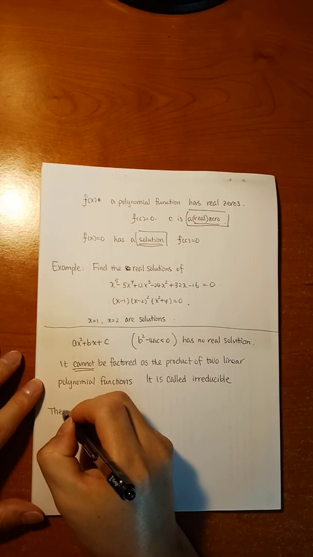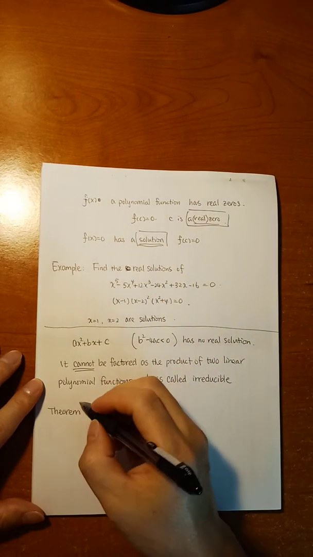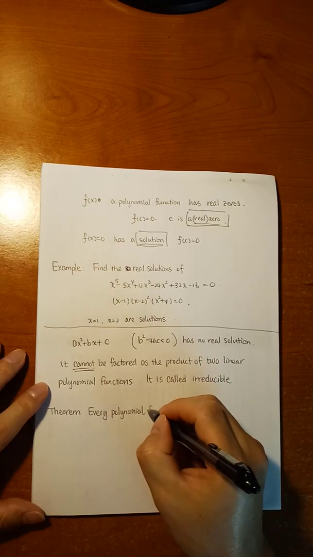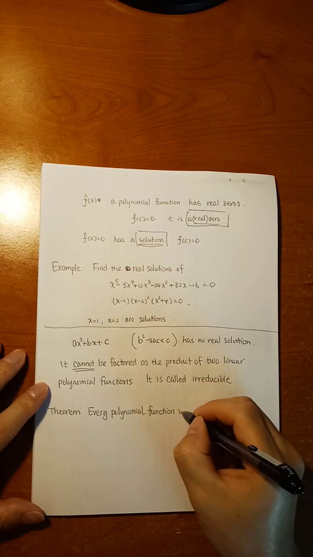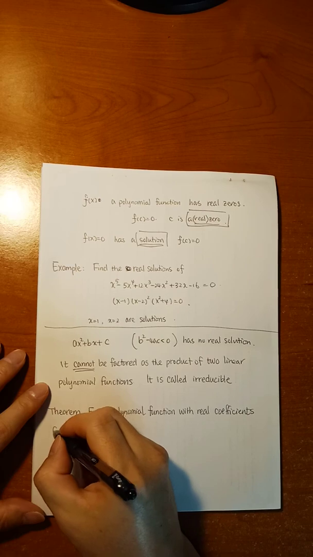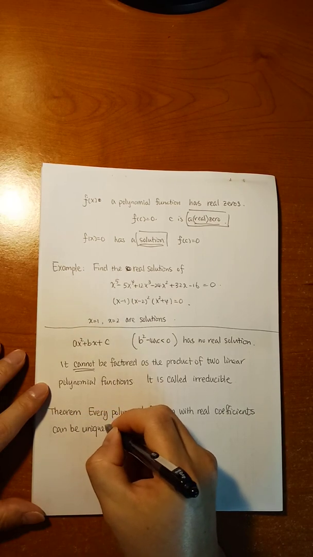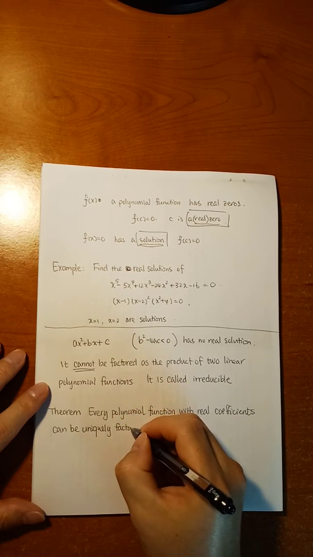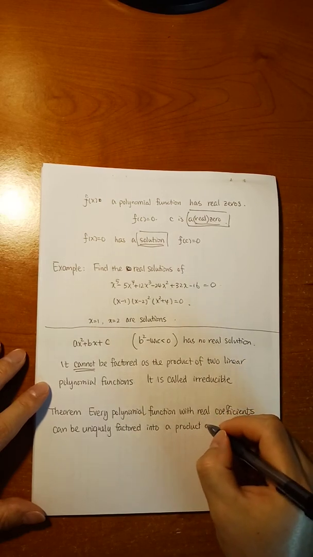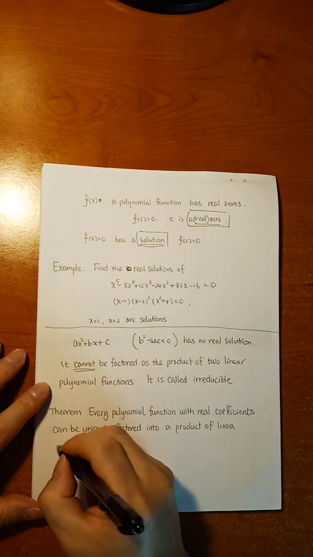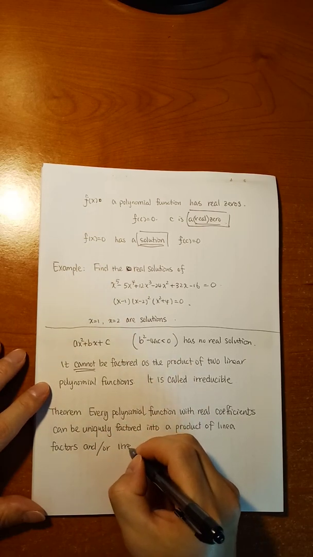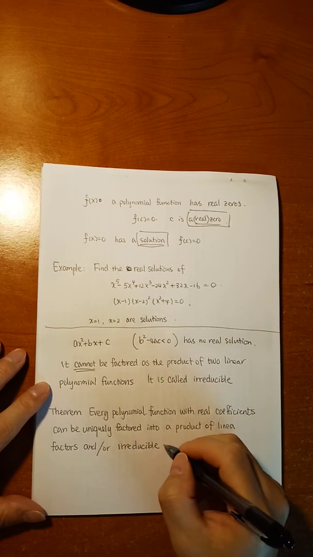And then we have a theorem. The theorem says every polynomial function with real coefficients can be uniquely factored into a product of linear factors and or irreducible quadratic factors.